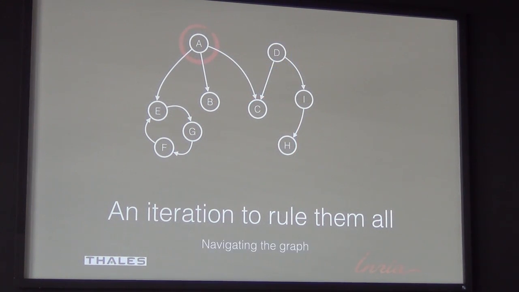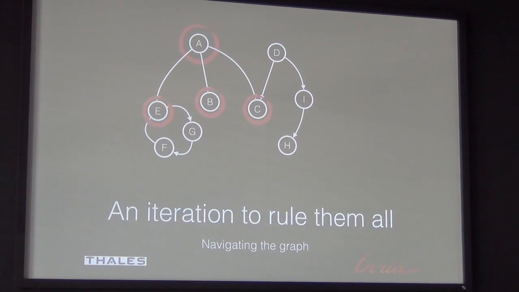Then we try to navigate the graph from the kernel. Starting with the node A, kernel red, we just navigate the graph to go to nodes E, B, and C. For each node, we have a function to decide whether we allocate the node to this cluster or not. Here, it's really simple: I just take every node I navigated and put it in the cluster.